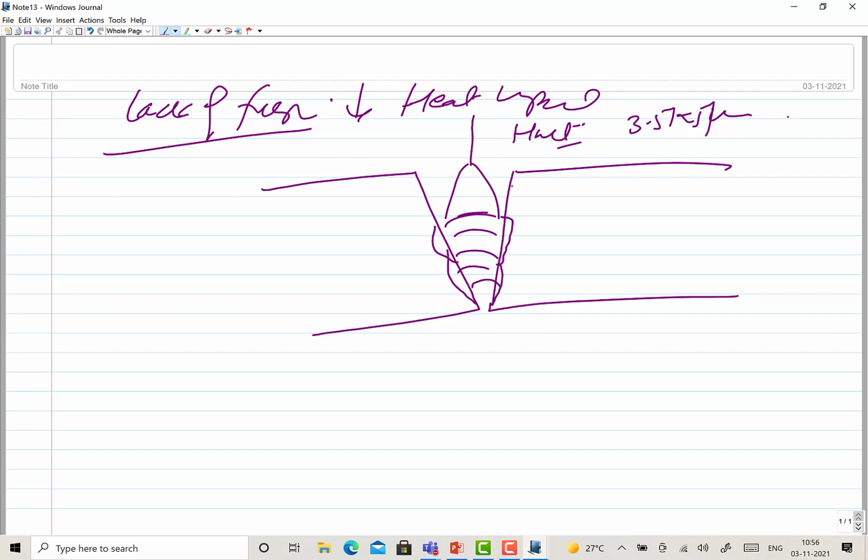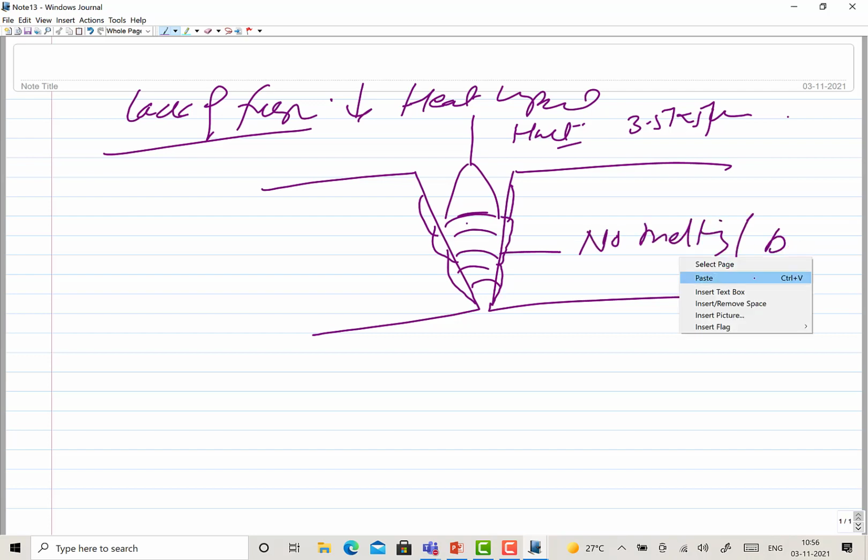The metal is just being placed and getting solidified without melting of the base metal.